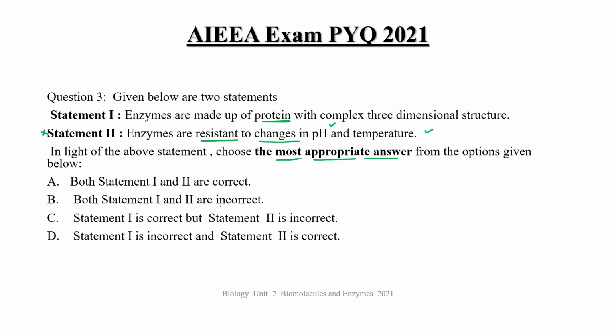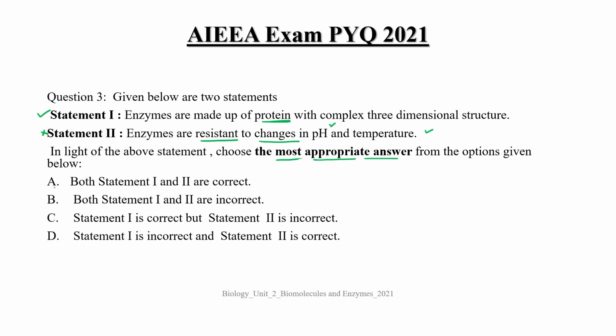No. According to me, choice number 3 is correct, where statement 1 is correct and statement 2 is wrong. Yes, according to me, this is the right answer. And in choice number D, they have mentioned that statement 1 is incorrect and statement 2 is correct. No, just the reverse is given over here.